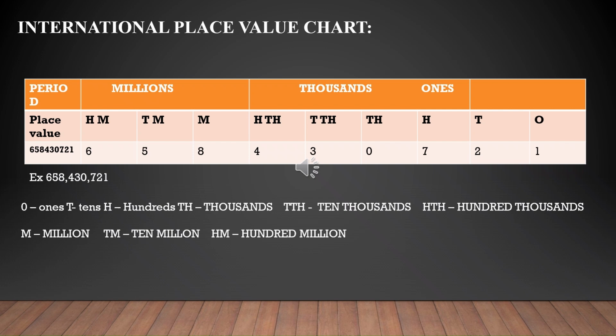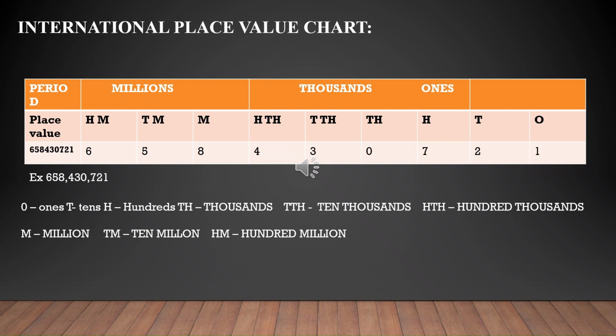Commas are placed after every 3 digits to separate the place values. In this way, we represent the numbers in the international place value chart.